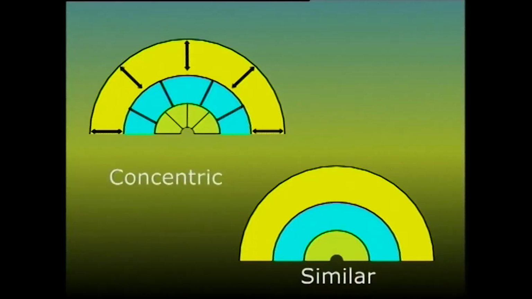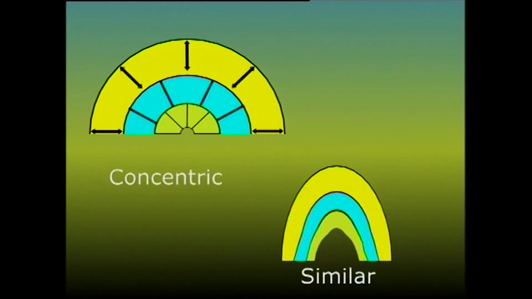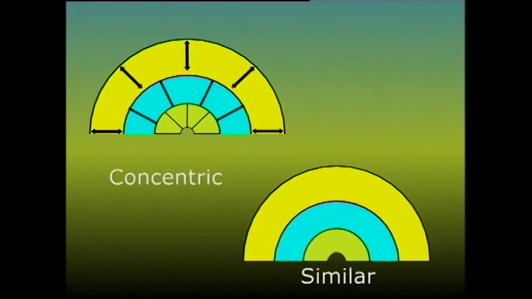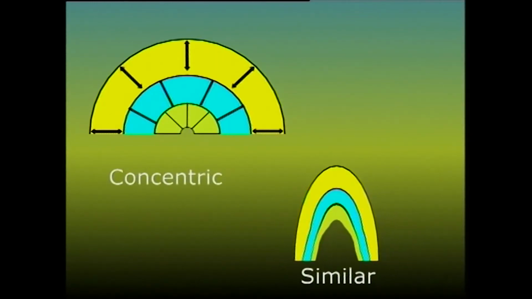Another type based on the appearance on profile section is similar fold, or folds with similar geometry. Unlike the first category, concentric or parallel, where the curvature of each folded surface gradually decreases from core outwards, in case of similar folds, all the folded surfaces have identical or nearly identical curvature.